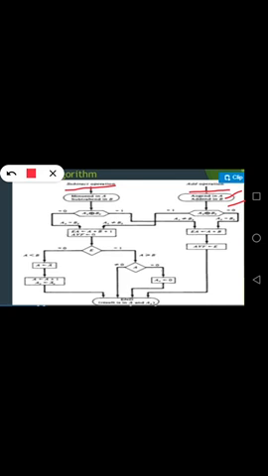And see, first you take the sign AS exclusive OR BS. What is the importance of this exclusive OR? The first step is to compare the sign of A and the sign of B. For that we are using an XOR gate.